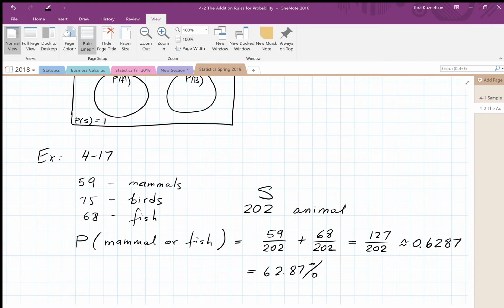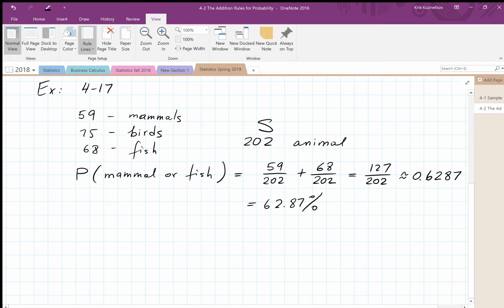Next example is 4-20. A single card is drawn at random from an ordinary deck of cards. Find the probability that it's either a 9 or a diamond. So note, my probability experiment is drawing a card from a deck of cards.